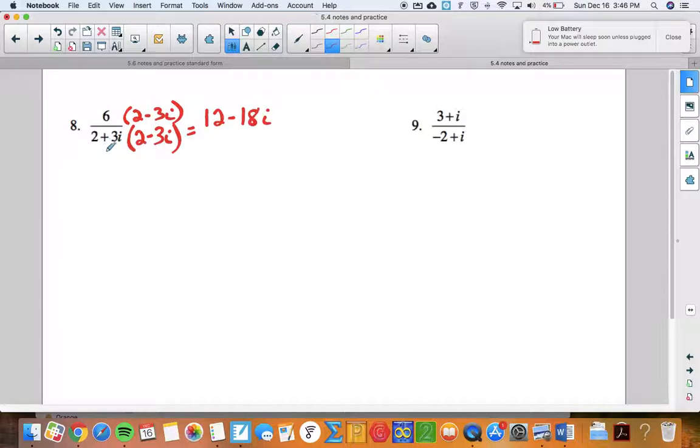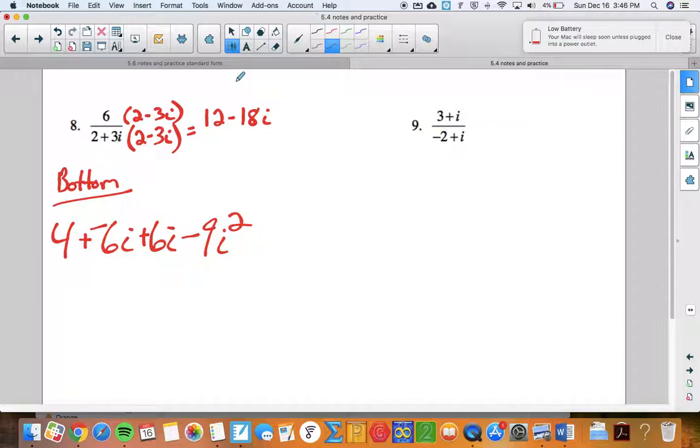On the bottom, I'm going to work the math over here. We get 4 plus -2 times -3i is -6i. And in the middle we get +6i. And then at the end we get -9i squared. Let me be careful here and not goof this one up.